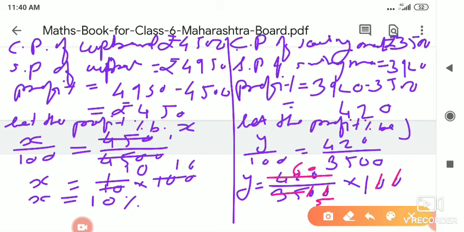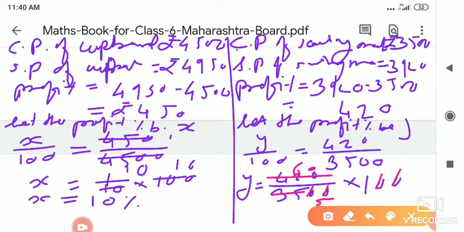So here in this transaction, the profit percent is more, that is, Shamrao's transaction is more profitable than Ramrao's. Okay. So in this way we have to solve the example. Understood, all of you? Note down this example. Here you have to write the statement that Shamrao's transaction is more profitable than Ramrao's.